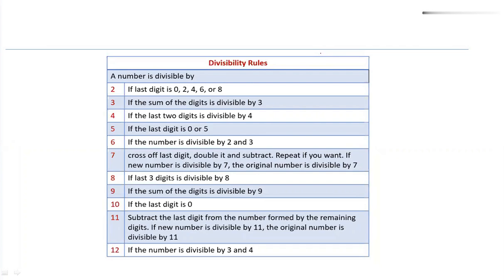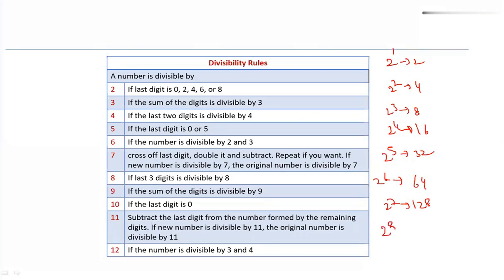Rishikesh is asking now how the cyclicity of 2 is 4. All the questions on that concept are completed already, and now you're asking. Okay, what is cyclicity? Cycle is nothing but repeating. So if you take the powers of 2: 2 power 1 is 2, 2 square is 4, 2 cube is 8, 2 power 4 is 16, 2 power 5 is 32, 2 power 6 is 64, 2 power 7 is 128, 2 power 8 is 256.